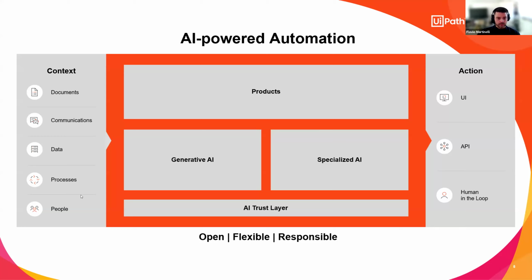And everything in our platform is protected by our AI Trust Layer. So everyone can feel free to train their data on UiPath, because we take care of it, and we don't do any kinky stuff with your data.